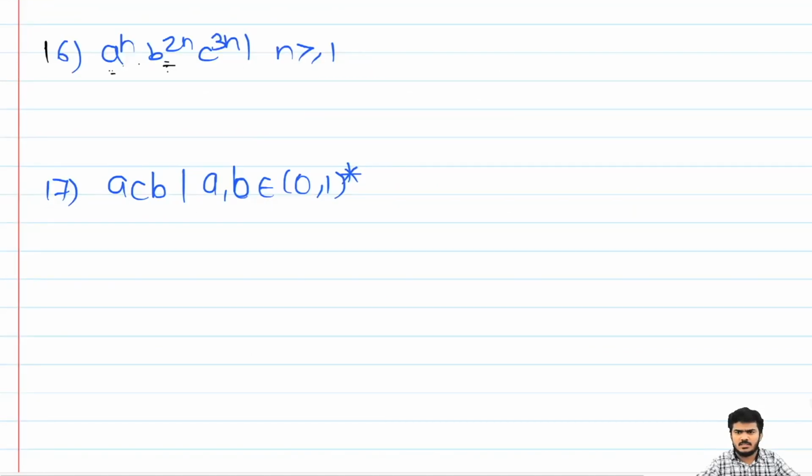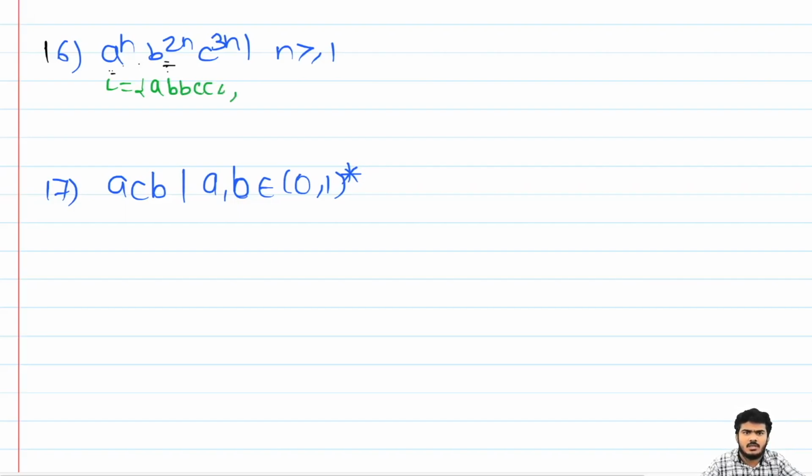So the question is a^n b^2n c^3n, where n is greater than or equal to 1. Let's try to identify the strings. When n is equal to 1, the string becomes a, b, b and triple c.